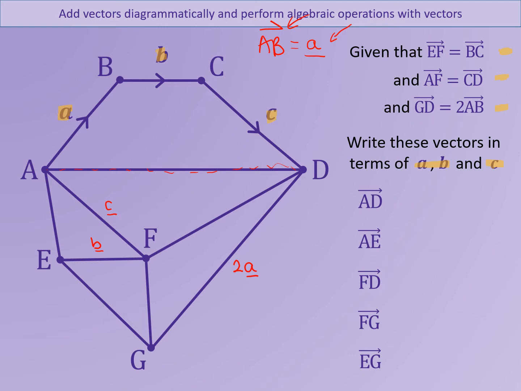The only way around this is to use vector A plus vector B plus vector C. So AD can be written as A plus B plus C. Pause the PowerPoint now, have a go at answering the other questions here for the other vectors, and then we'll take a look at the answers to these.